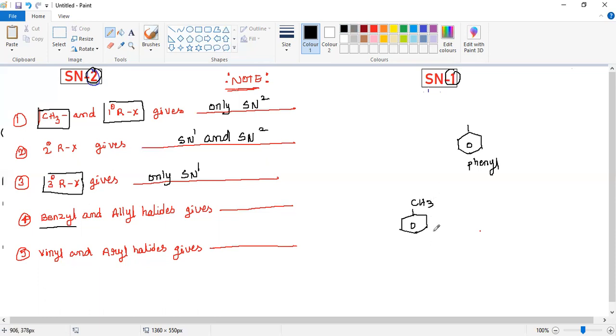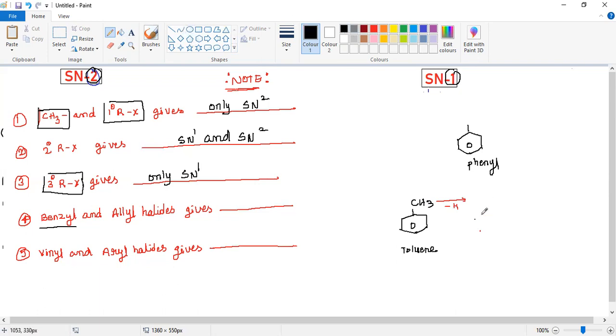Is this compound benzyl? No, it's toluene, simply methyl benzene. See what I am saying, an easy method: whenever we remove one hydrogen from the aliphatic chain, not the benzene ring, then how can we write this compound?